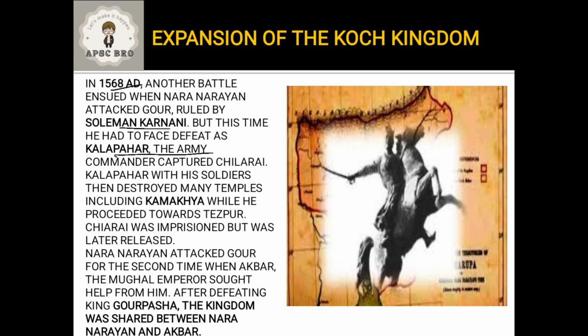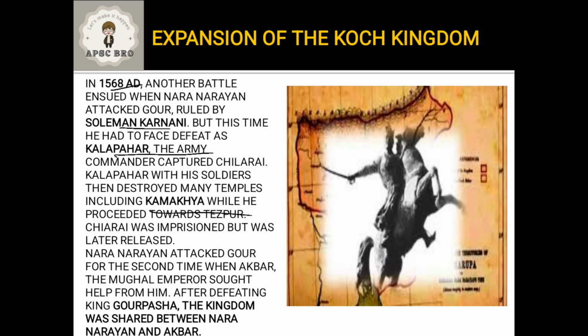He even destroyed the Kamakhya temple. Now, even if you go today to the Kamakhya temple, you will see many idols which have broken parts. This is what Kalapahar did. Right? Ultimately, the Kamakhya temple was reconstructed by Naranarayan. Yeah, he reconstructed it.